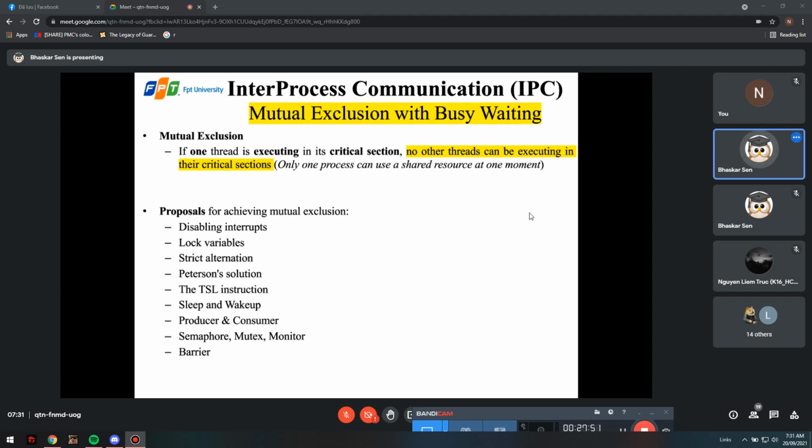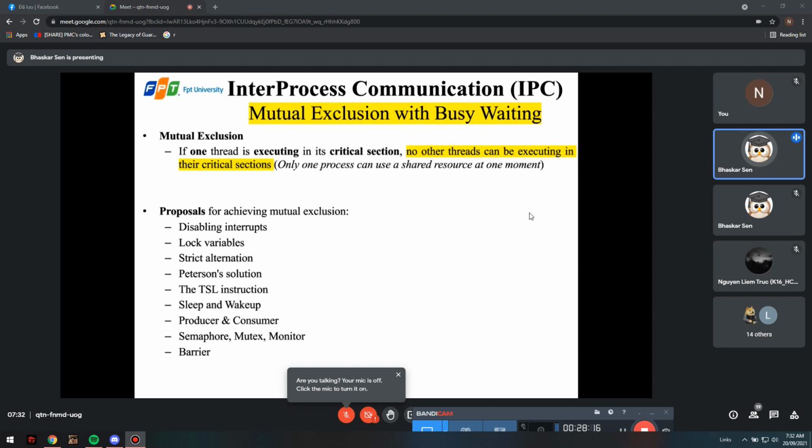And that's why you are looking at all these things. As you can see, they are the proposals for achieving mutual exclusion. And these are the things that we are going to study in this section, ending up with Semaphore and Mutex. Okay, so that is what we are going to study in this particular section.